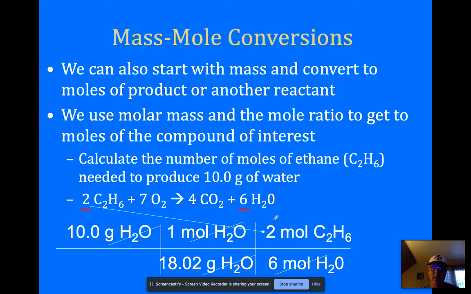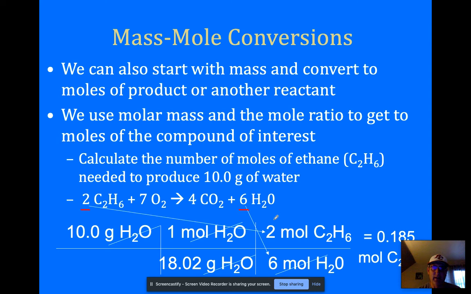That is our mole ratio from the balanced equation. Okay, so it's 2 to 6. So now you just have to do the math. 10 divided by 18.02 times 2 divided by 6. And you get 0.185 moles of C2H6. Okay?